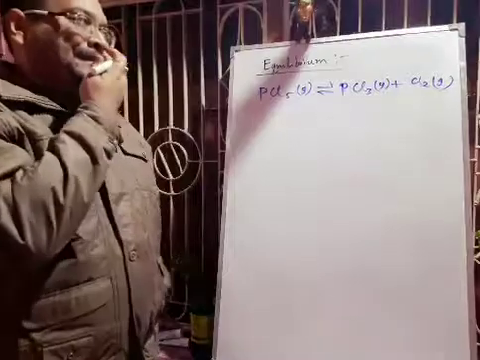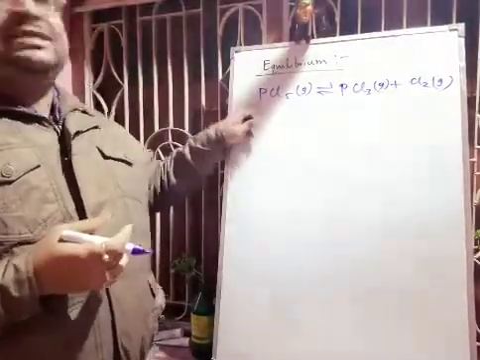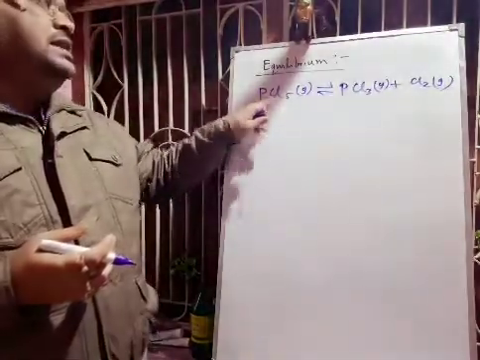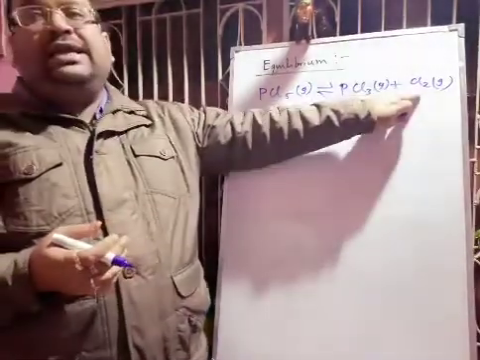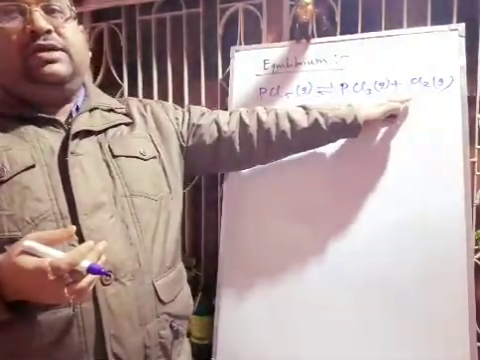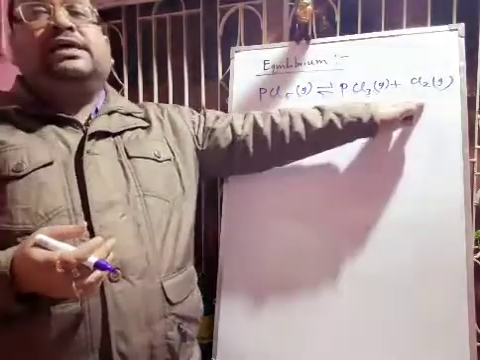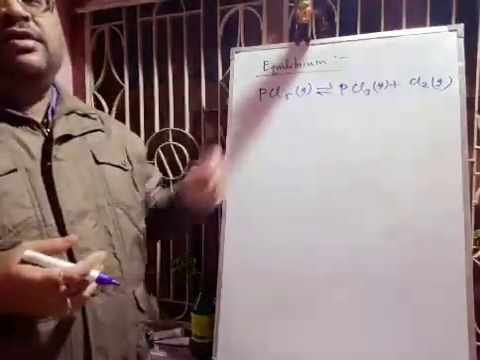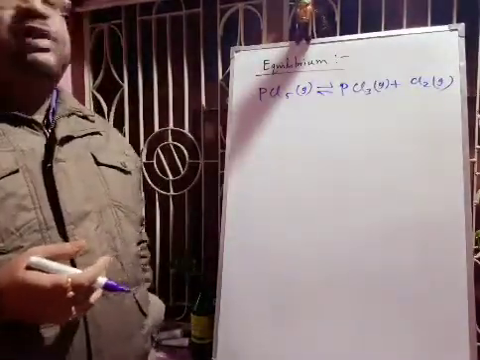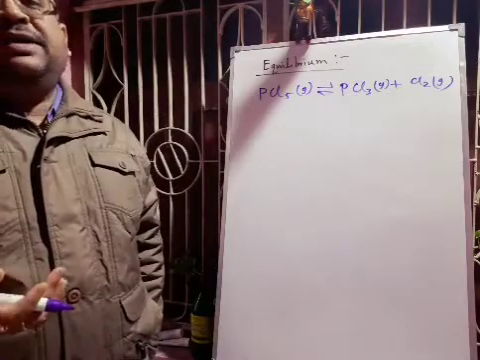So in this case, what is happening here? The number of reactant molecules is low, and the number of moles of gaseous product is high compared to the reactant. So here we have to apply the law of chemical equilibrium.